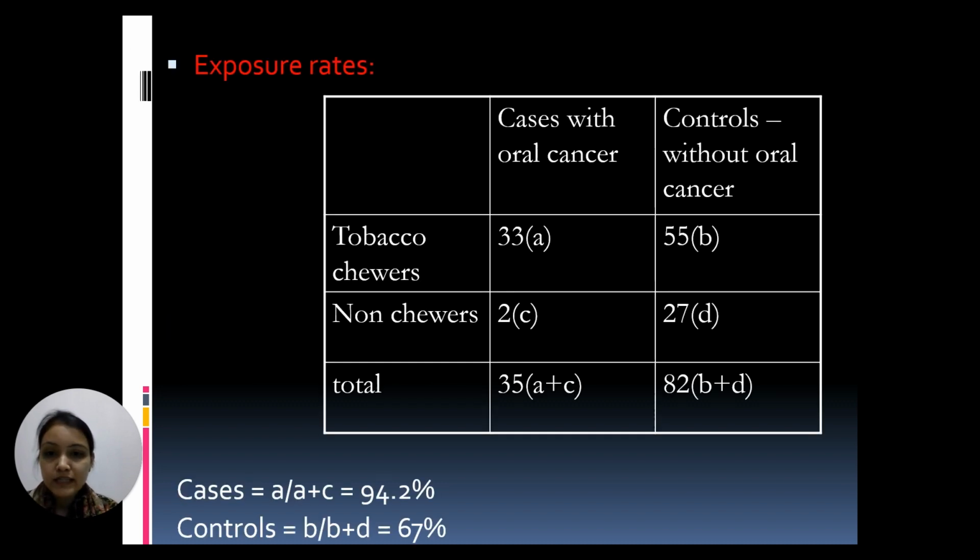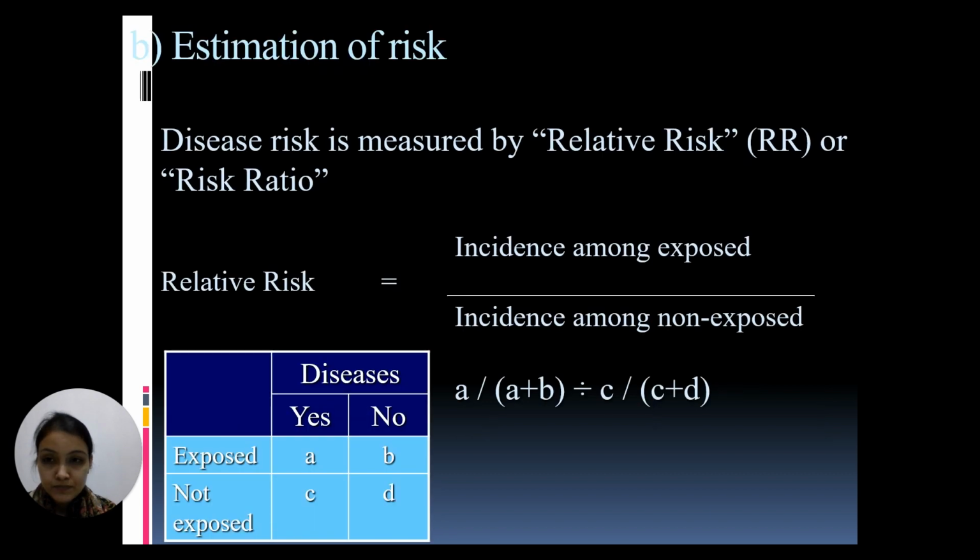Now we come to the exposure rate. If you want to find out the exposure rate of cases, that is A divided by A plus C, it is equal to 94.2% having an exposure, and the control, B divided by B plus D, is 67% having a non-cancer exposure rate. Next is the estimation of risk.